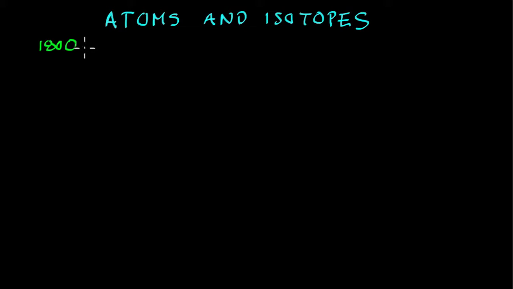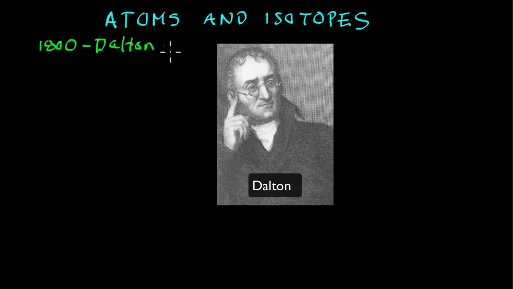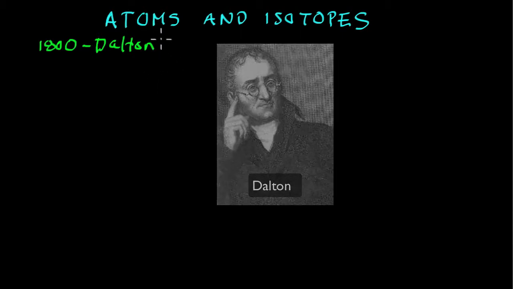Before that, there were quite a few elements known, but there was no real idea of a fundamental particle in the element. In the year 1800, John Dalton came up with something called the atomic theory, developed from work of the previous 20, 30 years by Lavoisier, Proust, and others.